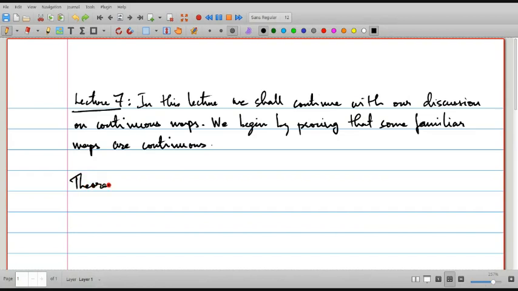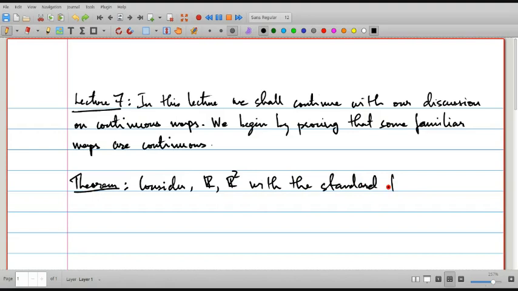So, theorem. Consider R, R2 with the standard topology. Then the following maps are continuous.